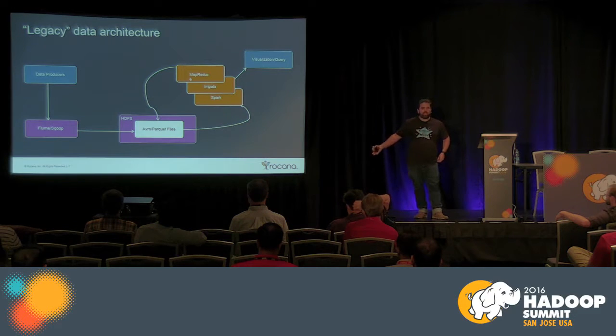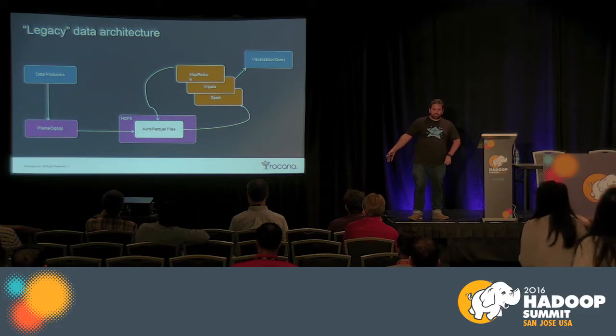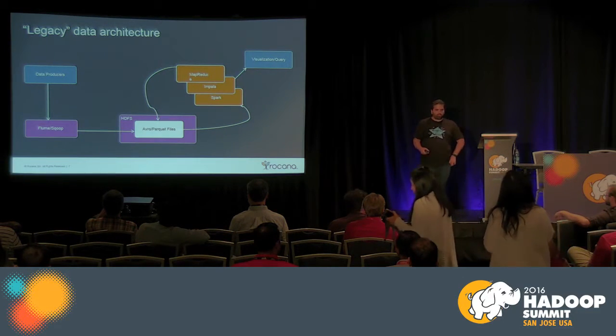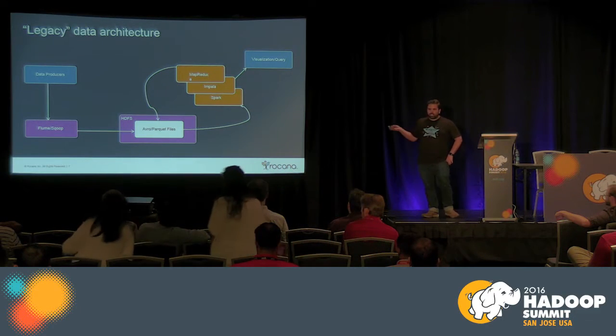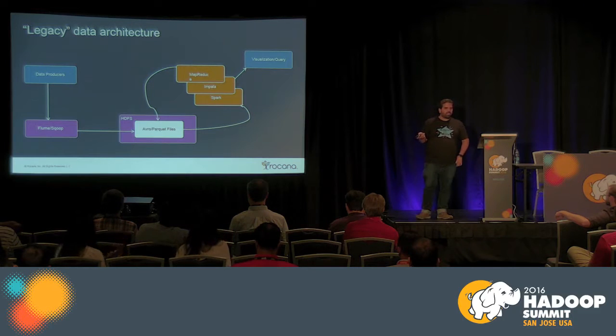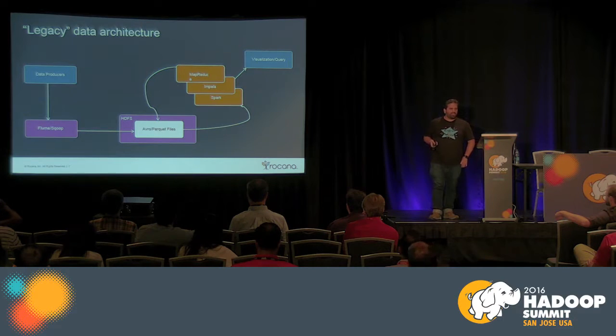They'll transfer that data to their cluster using technologies like Flume or Sqoop, land the data in files on HDFS, and then have a processing loop around it. This is a really great architecture, except that it's inherently pretty latent. You have a pretty big amount of time between when data lands on your storage system to when it's available for processing. So that's not ideal when you want to get real-time insights on your data.